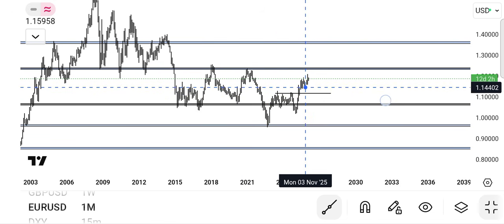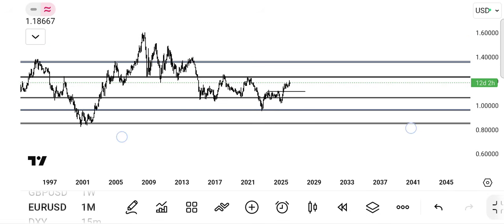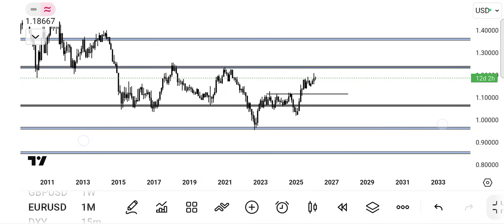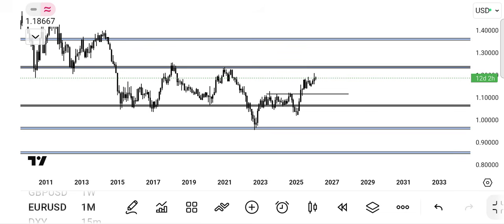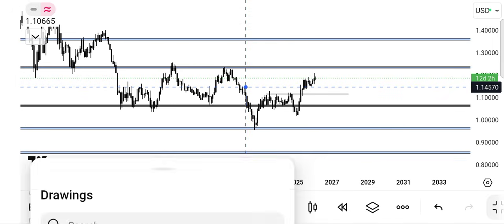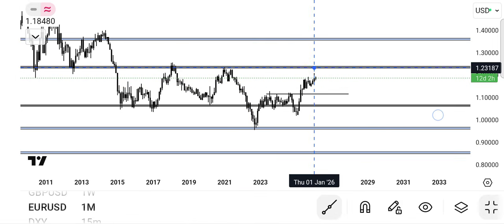So breaking this down, you could see that the market's directional bias is bullish, because we'll be expecting the market to come to this zone, at least to this zone, before thinking of anything else to do. Are you seeing? Before thinking of anything else to do.